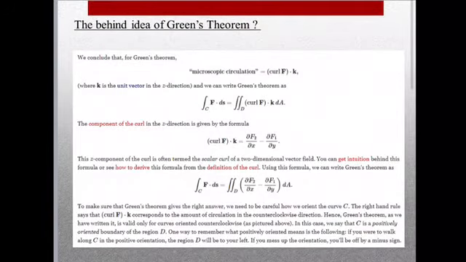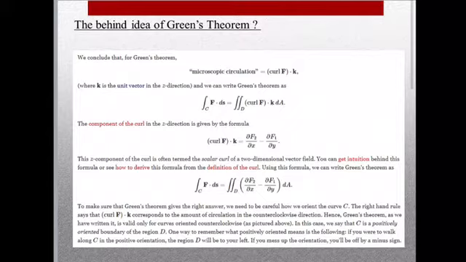So, we can conclude that the formula for Green's theorem is the microscopic circulation equal to curl F·k, where k is the unit vector in the z direction, and we can write Green's theorem as the integral of F·dS equal to the double integral of curl F·k dA.